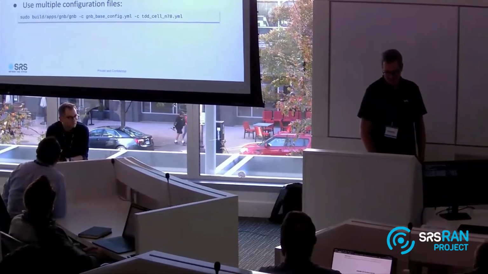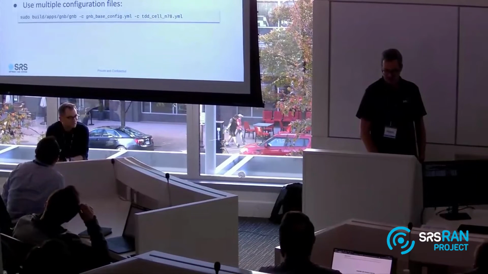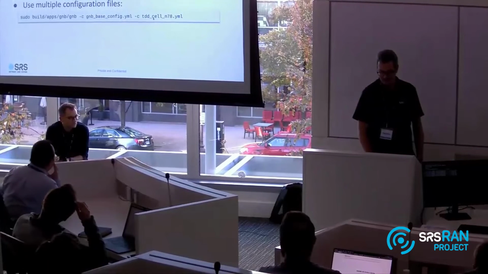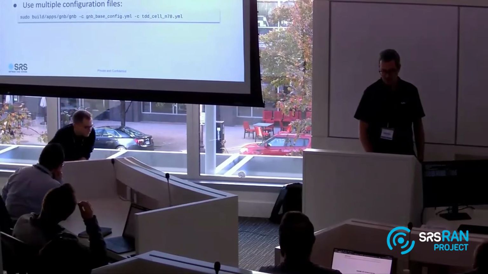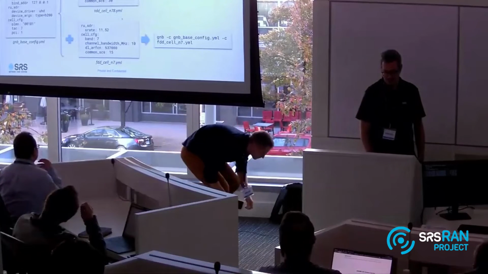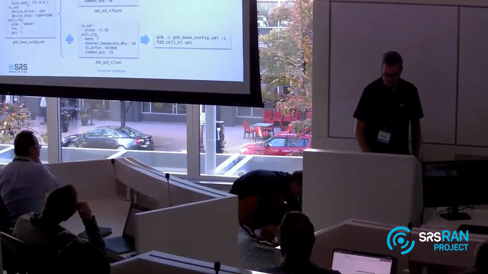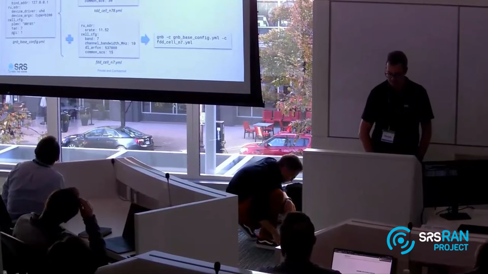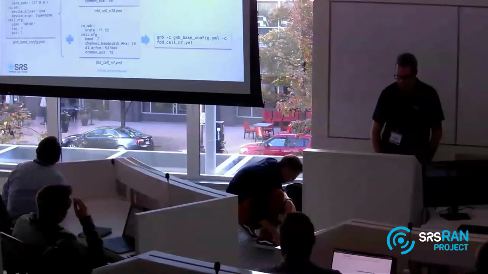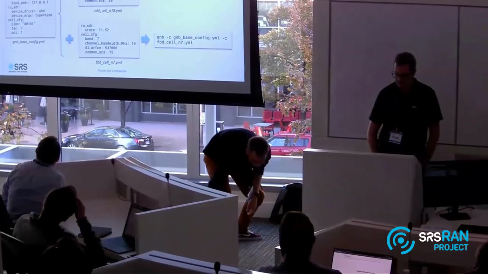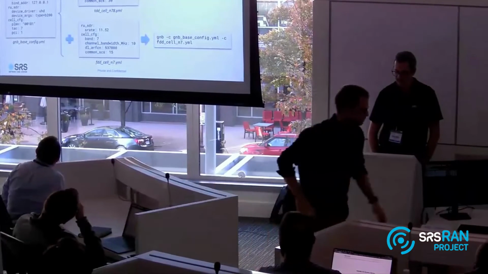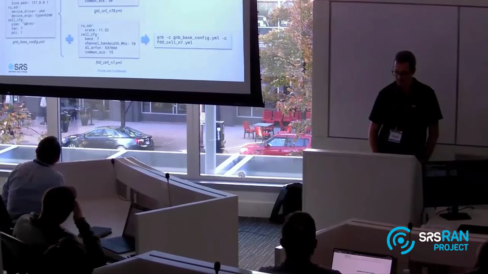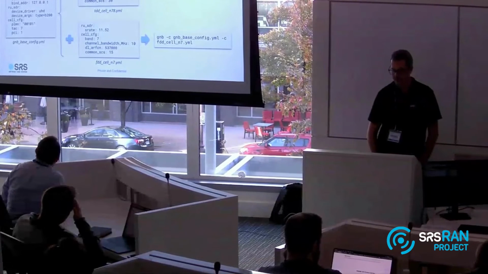So how to pass the configuration file? Easy with -c. And then notice how you can concatenate multiple configuration files. So you can have one configuration file, for instance, which is the base config, and you set the AMF, you set the SDR driver, and you set the basic cell configuration, and then have, for instance, two configurations for different frequencies, one for N7 and one for N78.